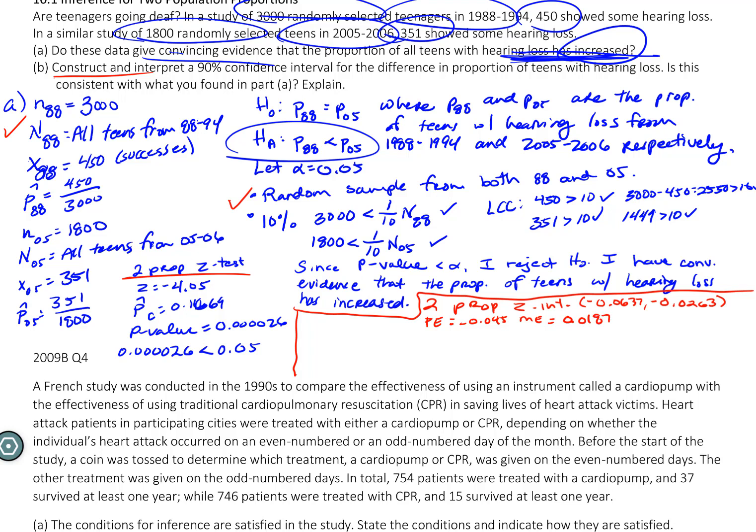So we can write out our interpretation sentence like such, that I am 90% confident that the interval from blank to blank, but again, our blanks in this case are from negative 0.0637 to negative 0.0263 captures what?